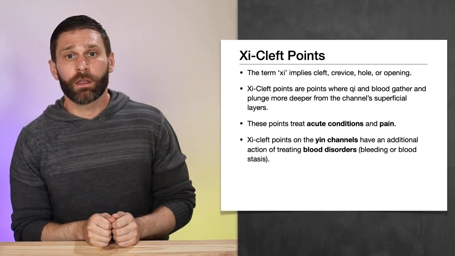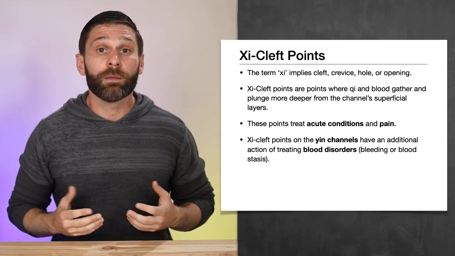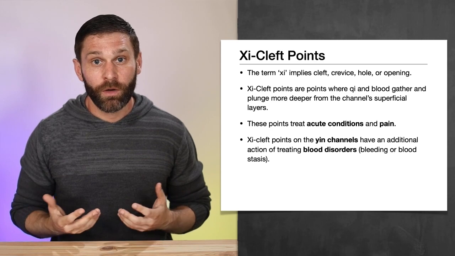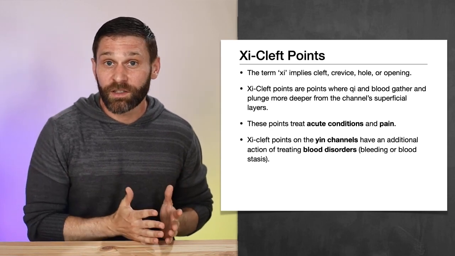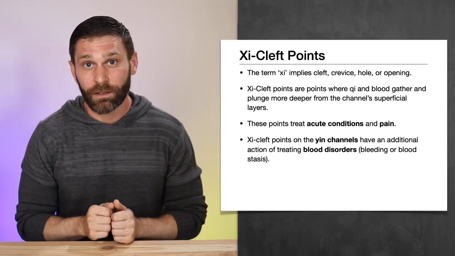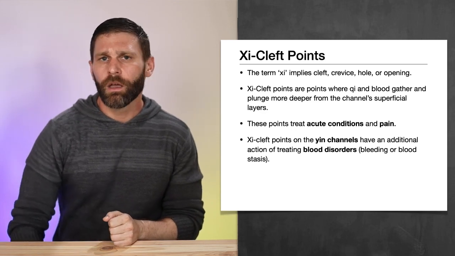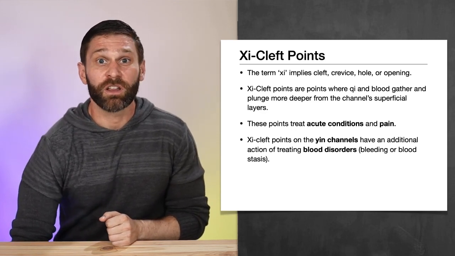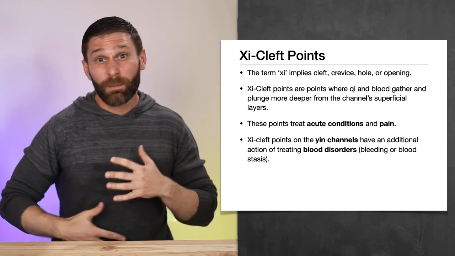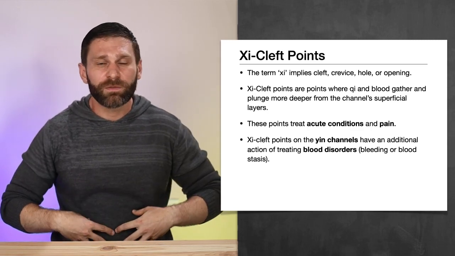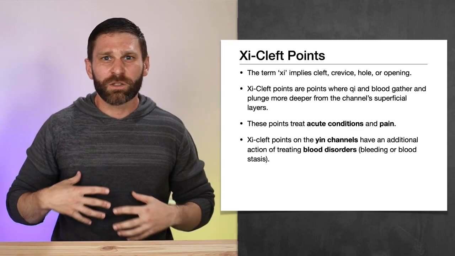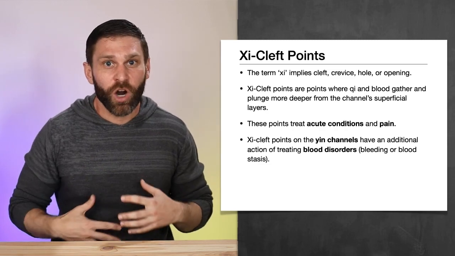So on the yin channels, they also treat acute conditions and pain, but they have an additional function of treating either blood stagnation or bleeding. And so we're going to see this where on the spleen channel, the Xi-Cleft point is spleen 8. It's really good for treating menstruation problems. So painful menses, menses with a lot of clots, dark purple blood.